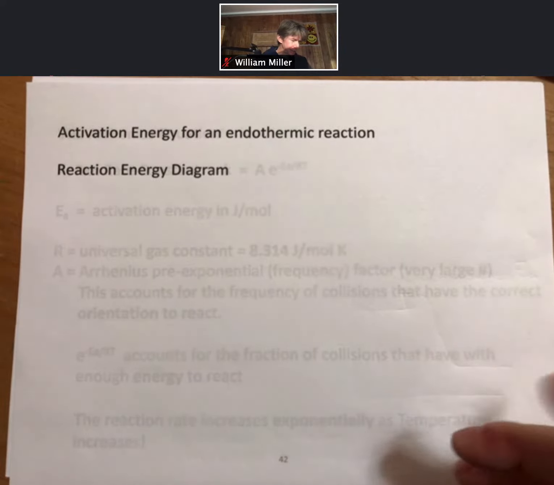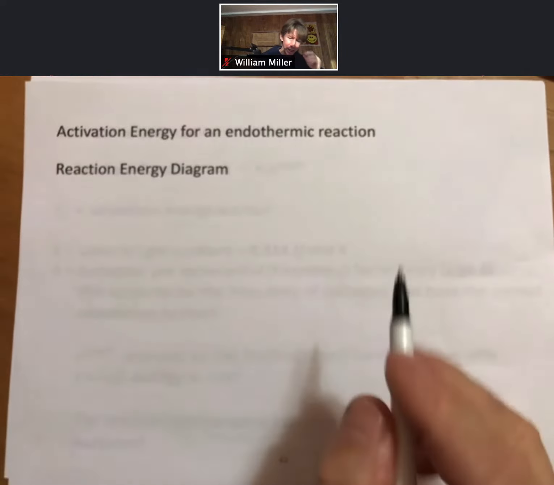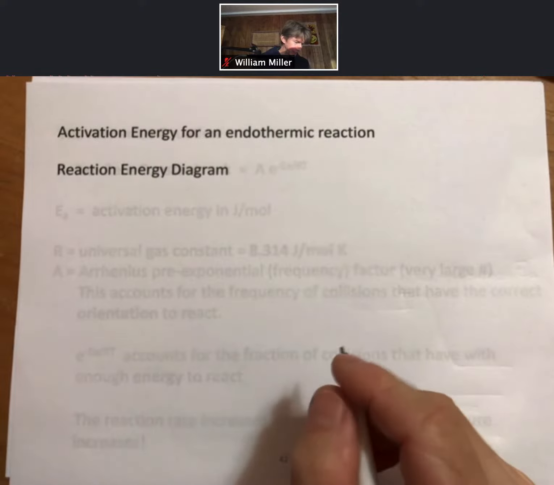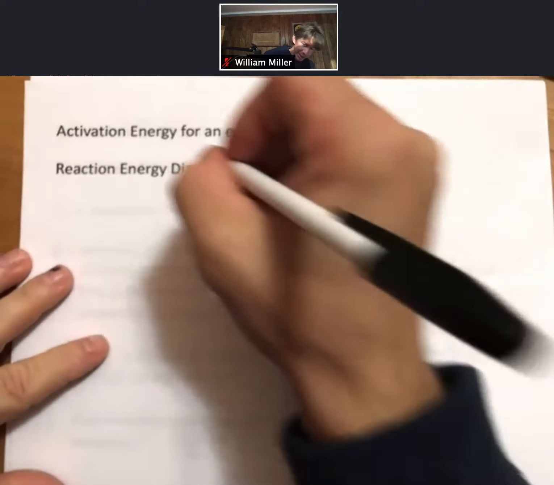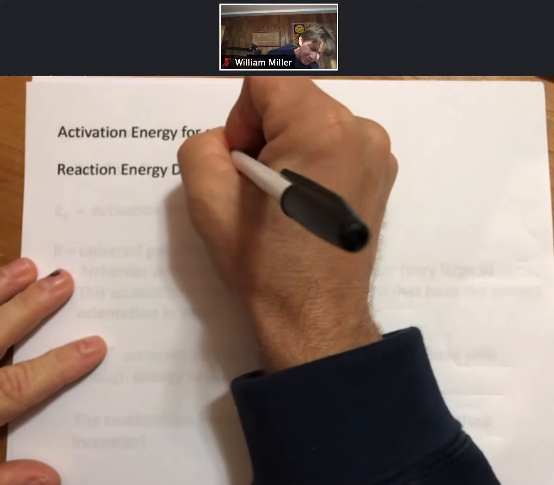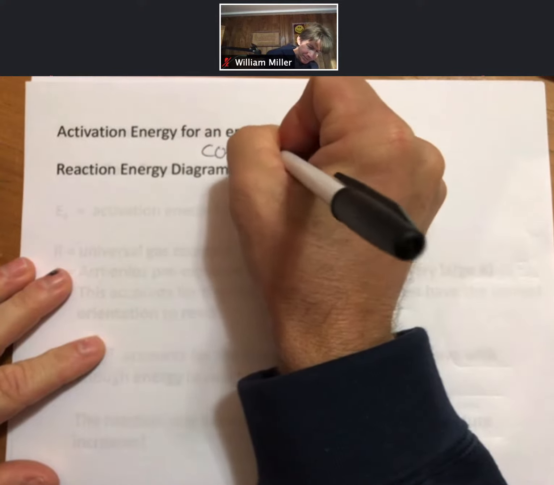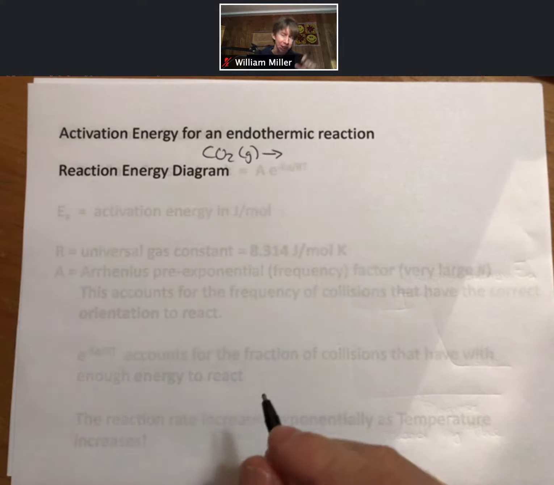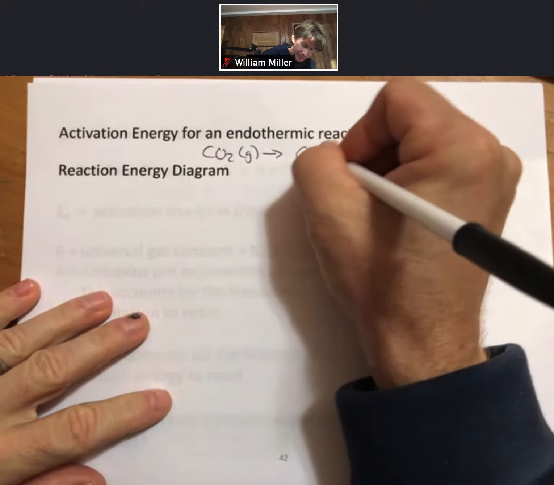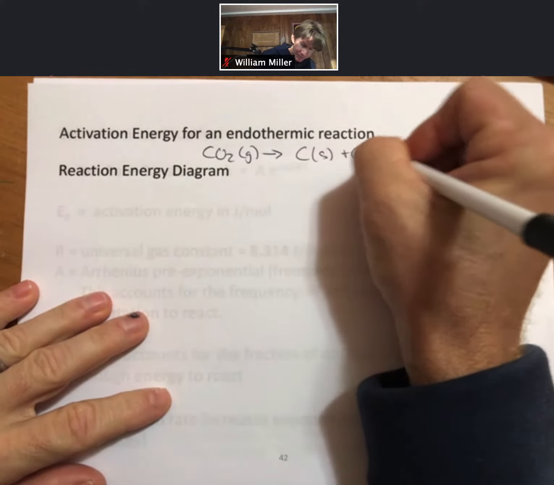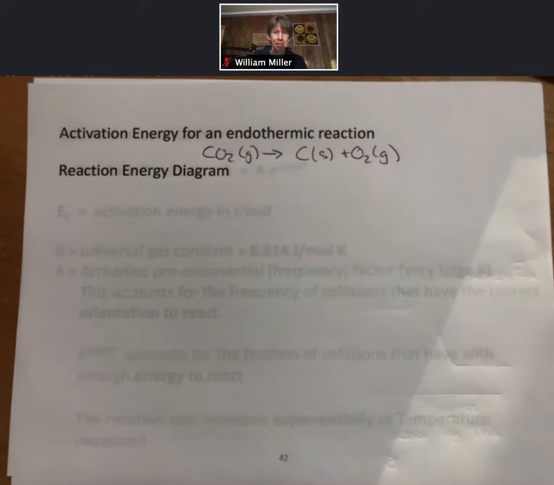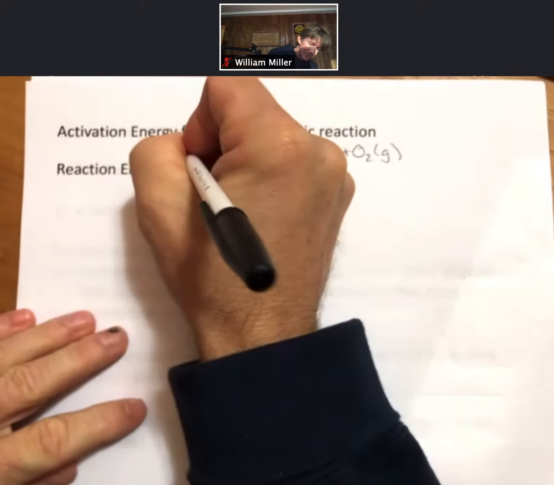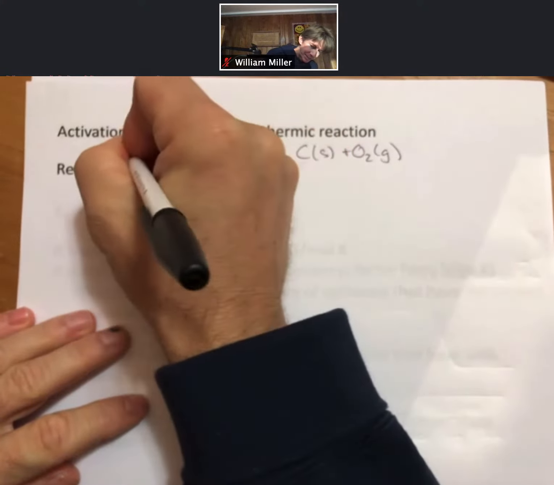Now, let's do an activation energy for an endothermic reaction. And our endothermic reaction is going to be CO2. Well, we know that if we take an exothermic reaction and flip the reactants and products, the sign of delta H reaction changes. So we take the reaction that we just had. Now we know that it has to be endothermic.